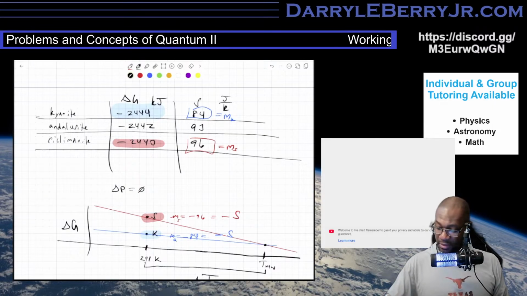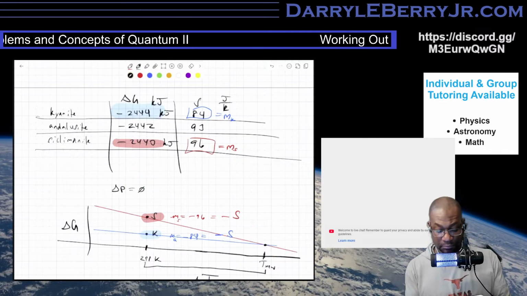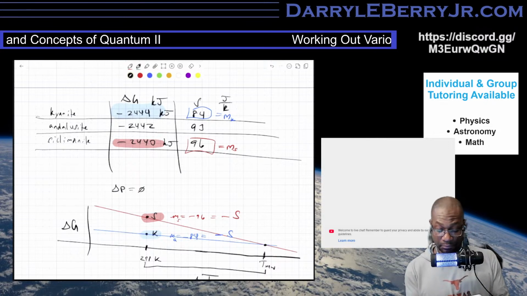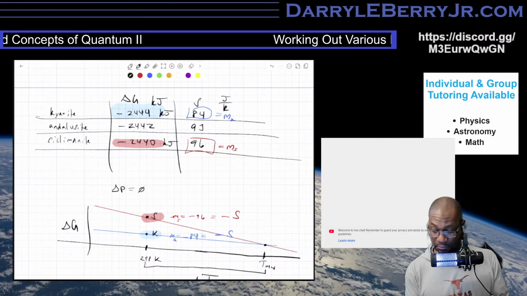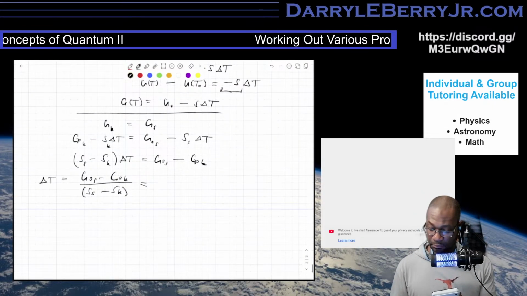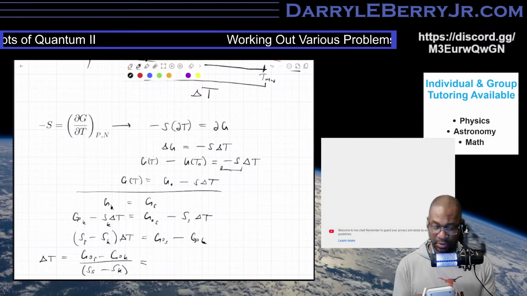One thing to keep in mind is that these are kilojoules. And I forgot to write the kilojoules. So I think it's 333 when I take the kilojoules into account.